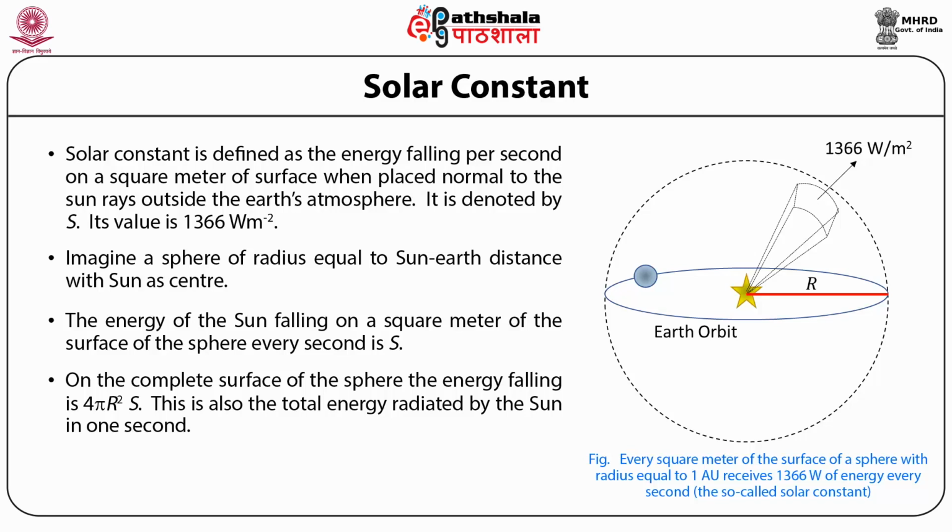As we can see in the figure, every square meter of the surface of the sphere with radius equal to 1 astronomical unit receives 1366 watts of energy every second, which is the so-called solar constant. So this energy received by a square meter of surface outside the Earth's atmosphere oriented normal to the solar rays per second is a constant quantity known as solar constant.